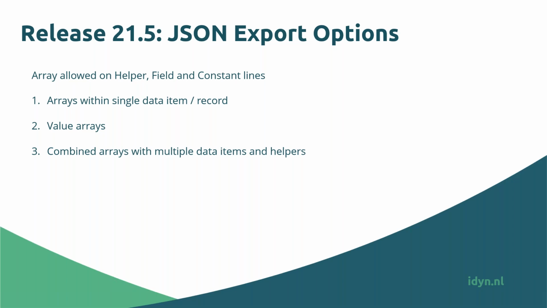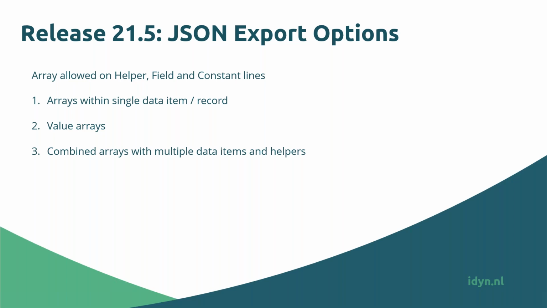So helper, field, and constant lines all allow for the array option with different behavior for all of those line types. And with these options, we can now create arrays in the output based on a single data item or record. And we can also create value arrays, so arrays containing only certain values.